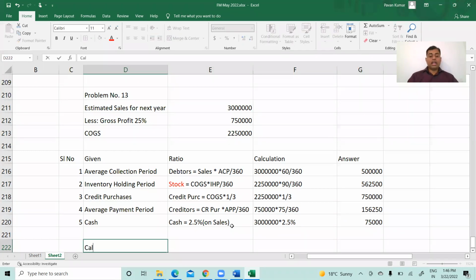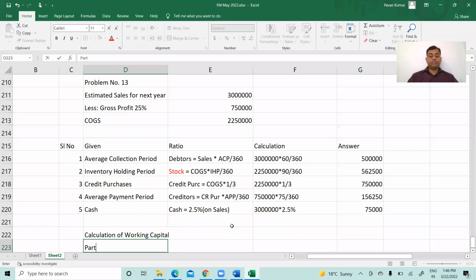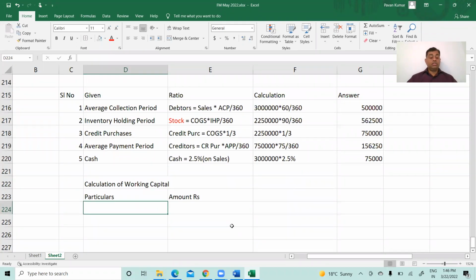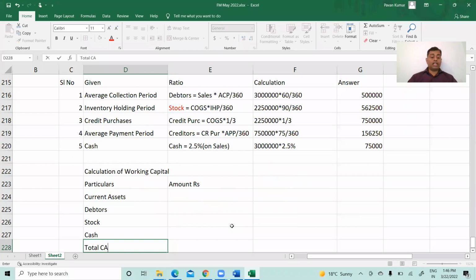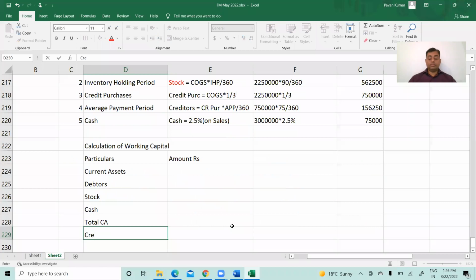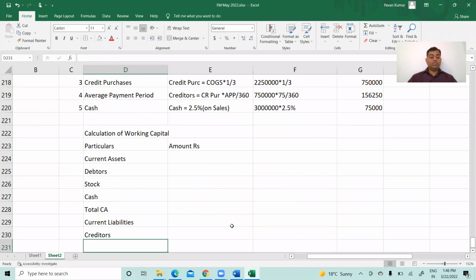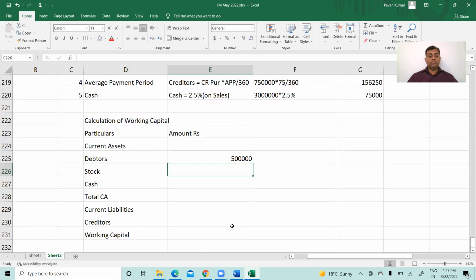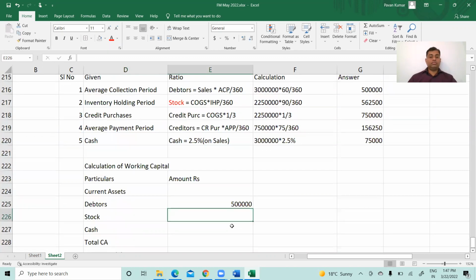Okay, now the calculation of working capital. Particulars, amount in rupees. Here we write current assets. Under this, debtors, stock, cash, total current assets. Under that we write current liabilities, creditors, and working capital. So tell me, debtors how much? 5 lakh.